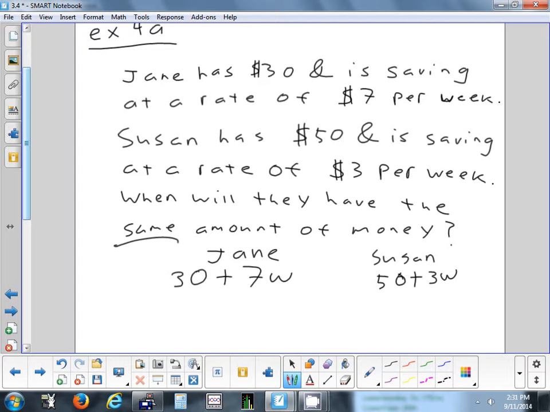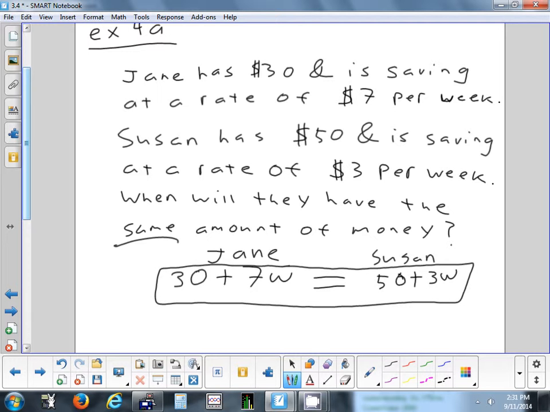We want to know when Jane and Sue are the same. What's a symbol in math that means the same? Equals. There's your equation. Right there. 30 plus 7W equals 50 plus 3W. Okay, now from here, you would solve it.